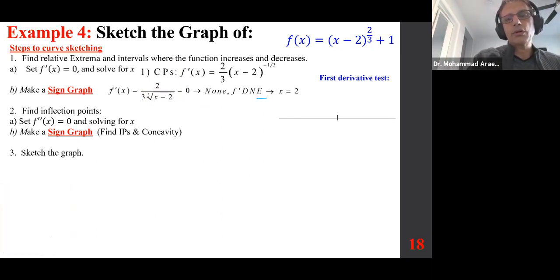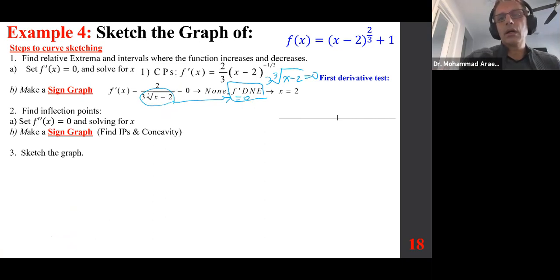For this part, we said this is equal to 0. In other words, 3 times the cube root of x minus 2 is 0. And that results in x equals 2.